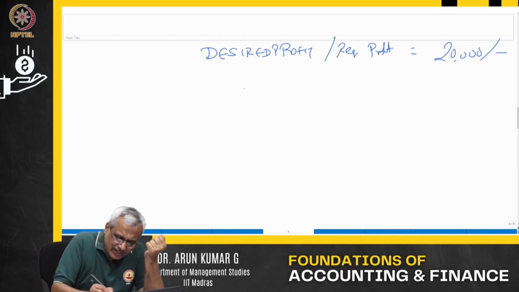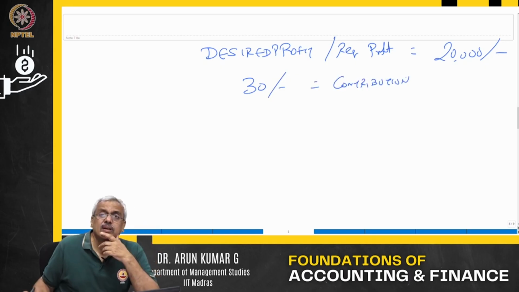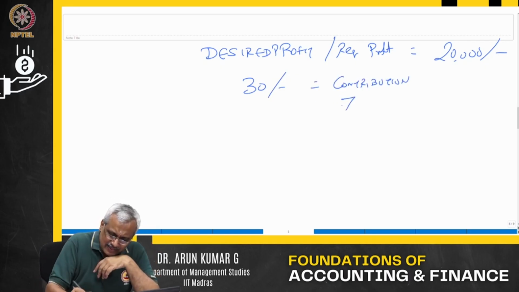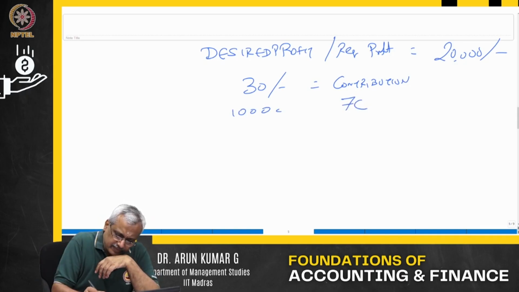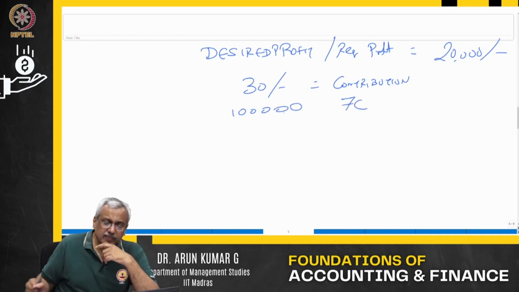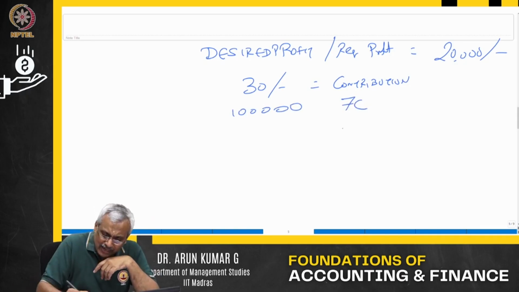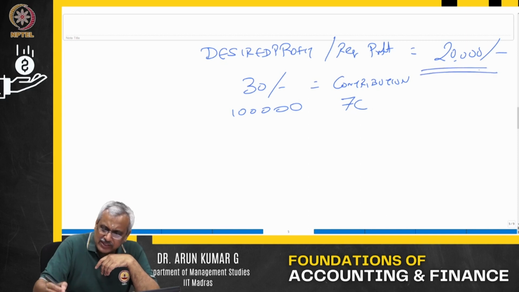I know every unit is giving me 30 rupees contribution. My fixed cost is 1 lakh. I need to earn a profit of 20,000.